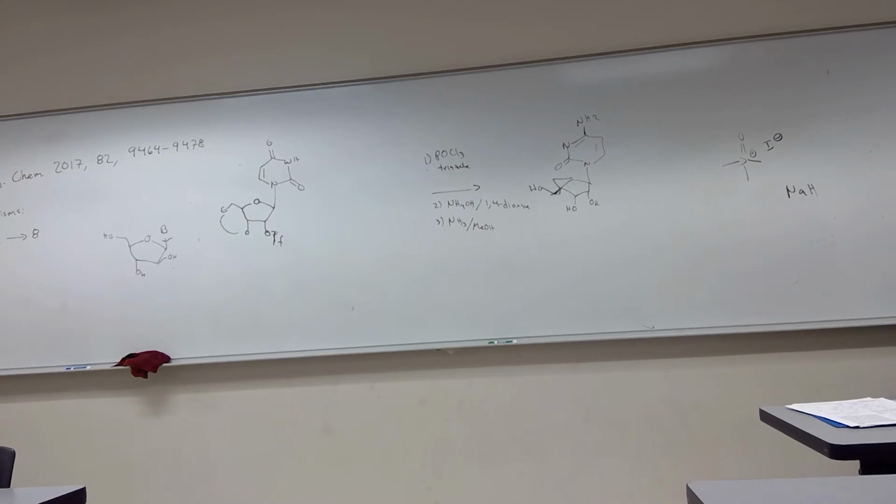All right, so let's work on this. I guess one clue there is that the leaving group is going to be dimethyl sulfoxide, DMSO. DMSO is a solvent, but in this particular case, it acts as a leaving group, and that's one of the driving forces.